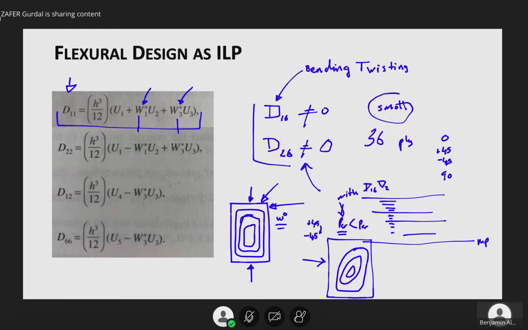Anything nonlinear, we will not be able to design with the tools that we are looking at so far. We'll actually have to look at a tool that can handle nonlinear optimization problem, nonlinear design problem, and that will be the genetic algorithms that we'll cover in a lecture or two, applied to composite laminate design.